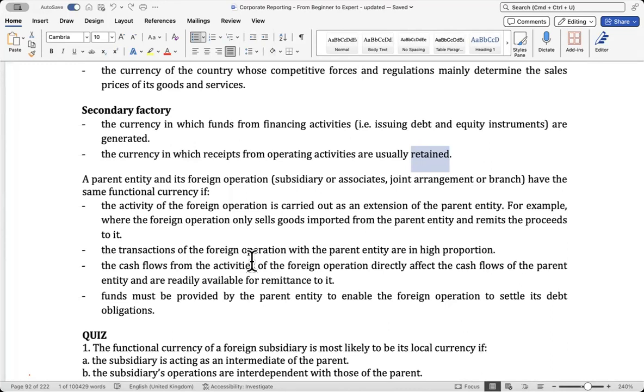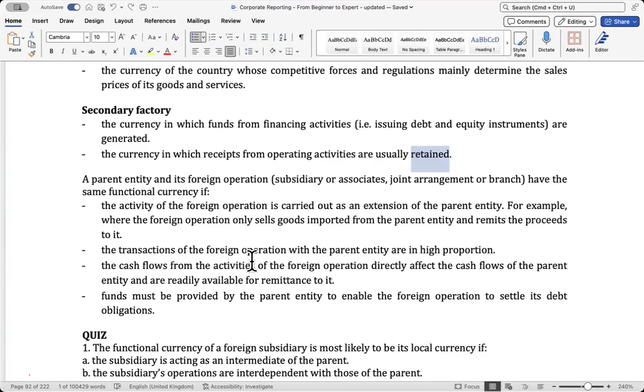Don't forget, a parent and its foreign subsidiary are not in the same country, but they can have the same functional currency. Functional currency is the currency in which your selling price is denominated and settled, or whose competitive forces and regulation determine your selling price.